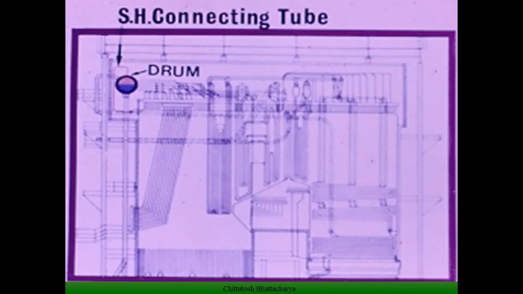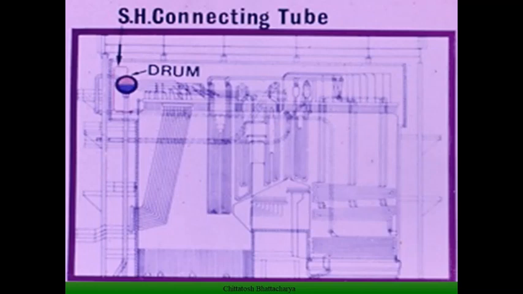From there, the primary superheated steam goes to the second stage of primary superheating, that is the platen superheaters placed within the furnace at the top of the furnace. These are called platen because they look like plates. They are clamped together, fitted with lugs.